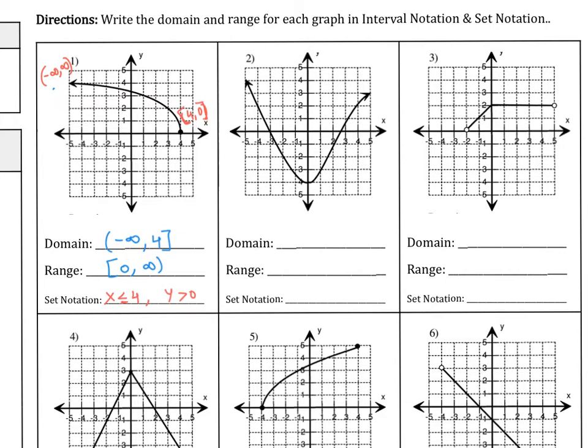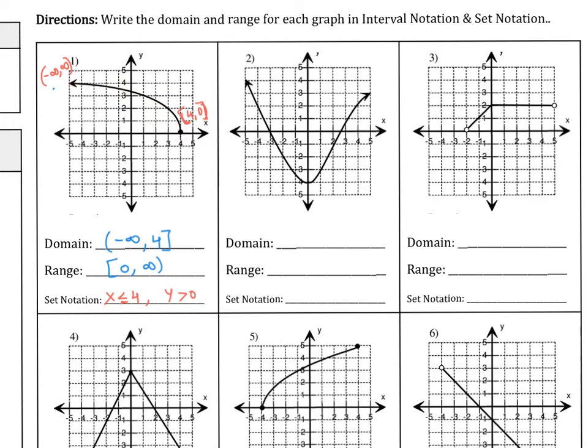For the y value, the smallest y value is 0 and it's a close bracket, and the biggest value is infinity and it's an open bracket. Set notation is going to be in the greater than or equal, less than or equal to form. So x is going this way.